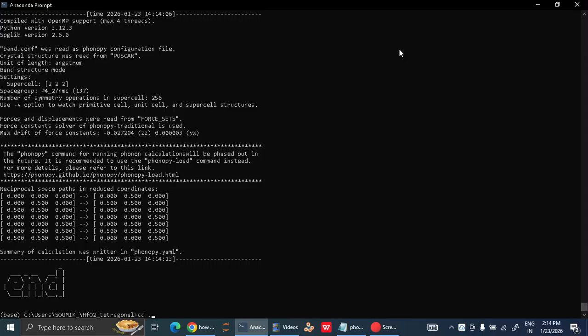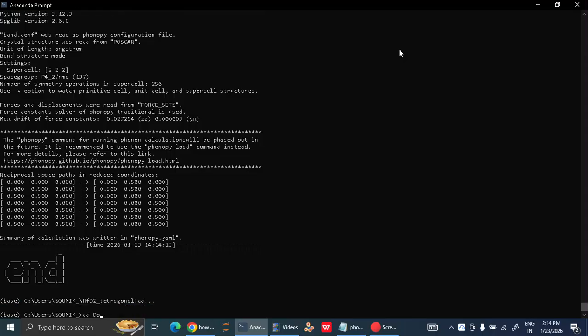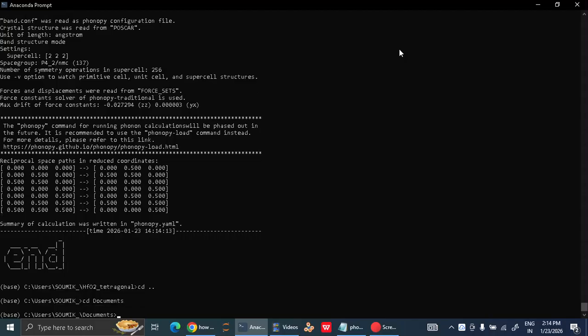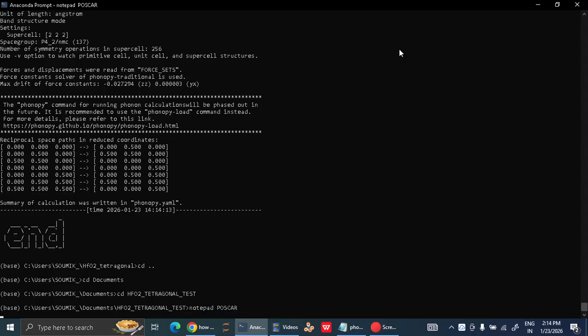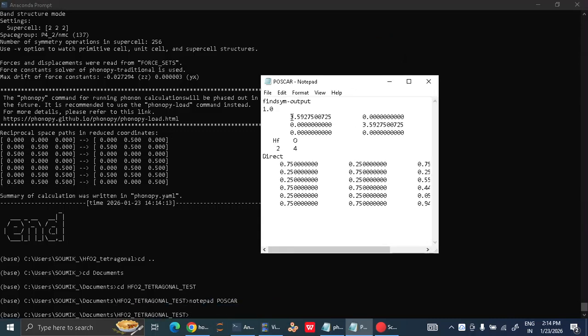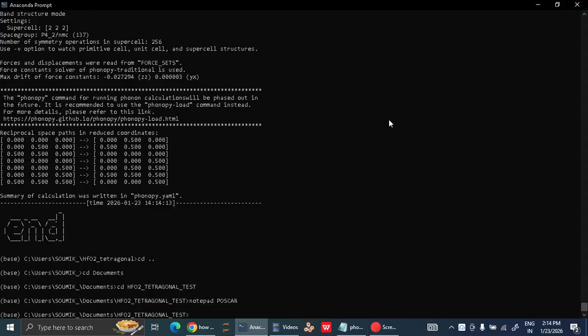I want to show you something interesting. In this folder you can see that it is again my tetragonal hafnium oxide primitive structure, the primitive unit cell.